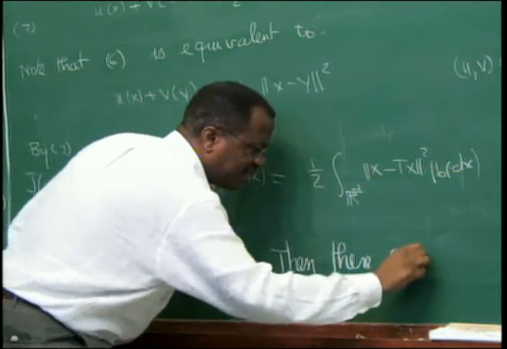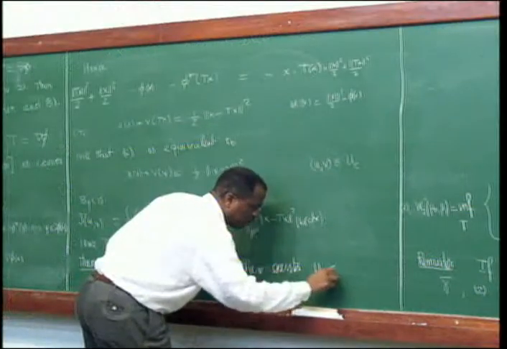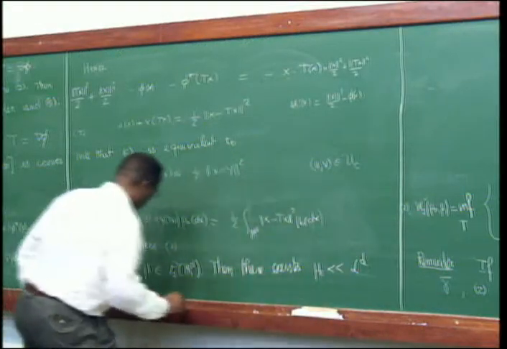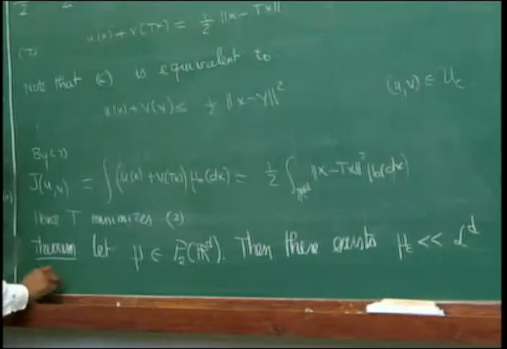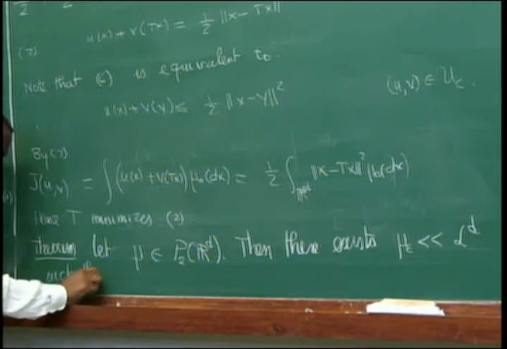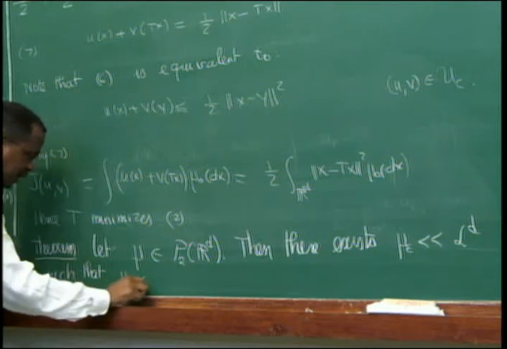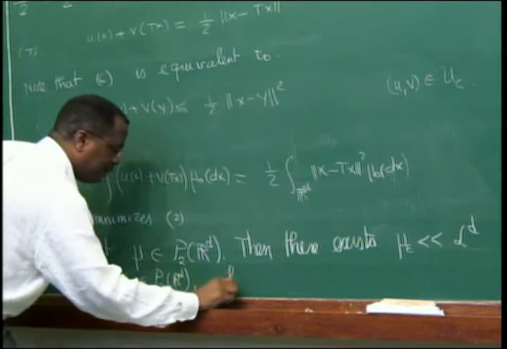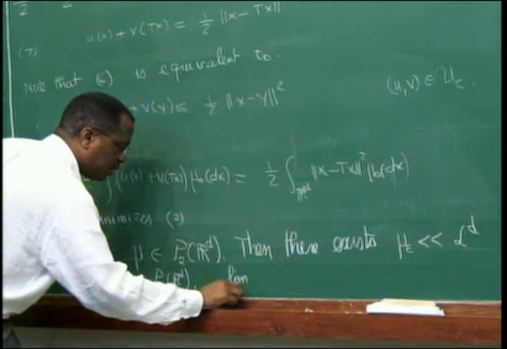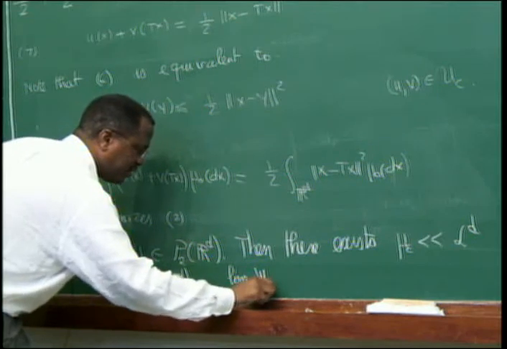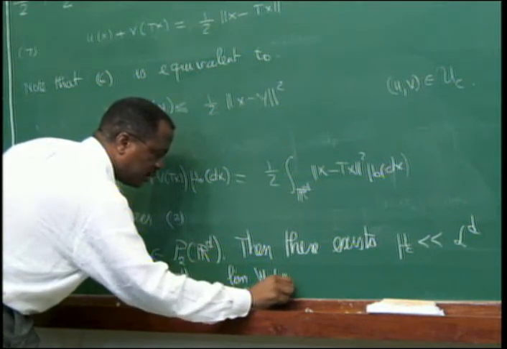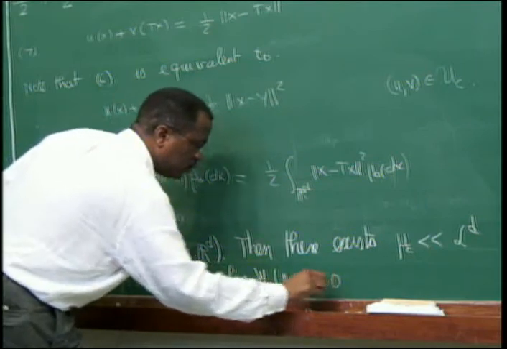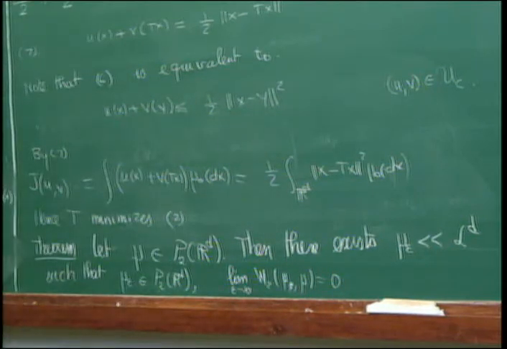Then there exists mu epsilon, absolutely continuous with respect to Lebesgue measure, such that mu epsilon is also of bounded second moment, and the limit when epsilon goes to 0 of the Wasserstein distance between mu epsilon and mu is equal to 0. So I can approximate any measure by a measure which is absolutely continuous in the Wasserstein distance.